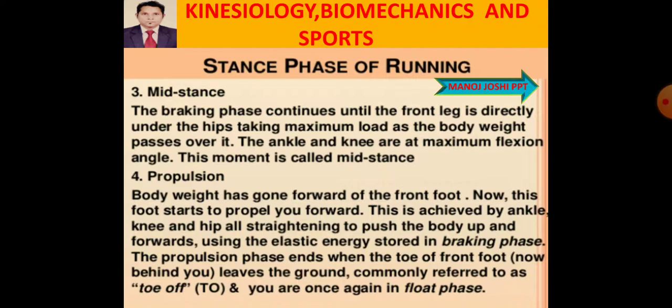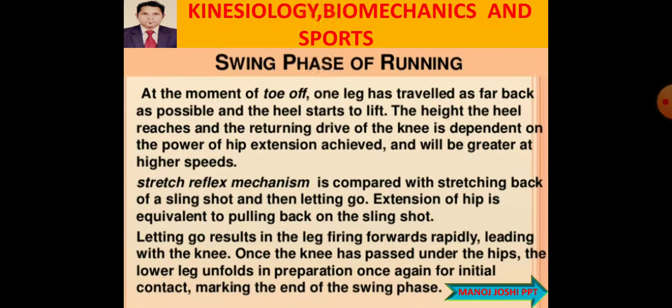The propulsion phase ends with the toe of the front foot, now behind you, leaving the ground, commonly referred to as toe off. And you are once again in float phase. That floating is when the person remains in the air, both legs off the ground.